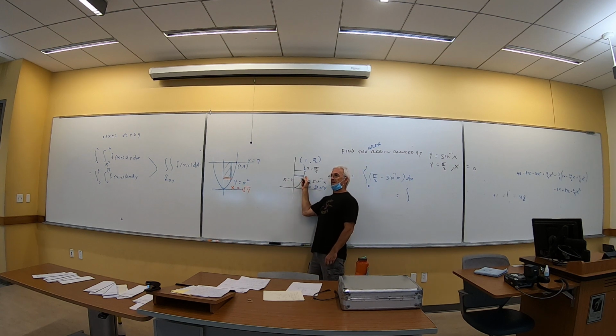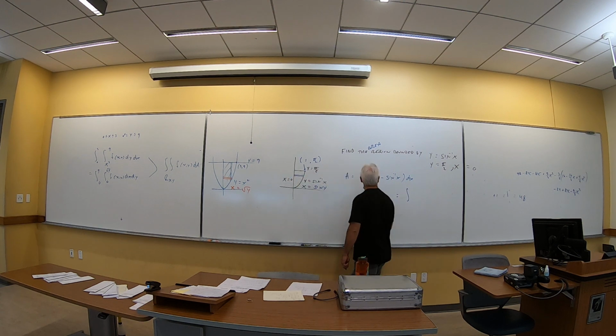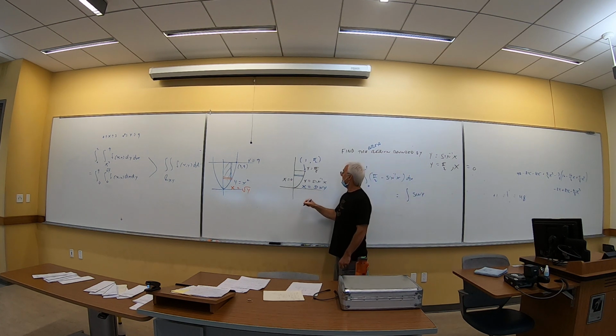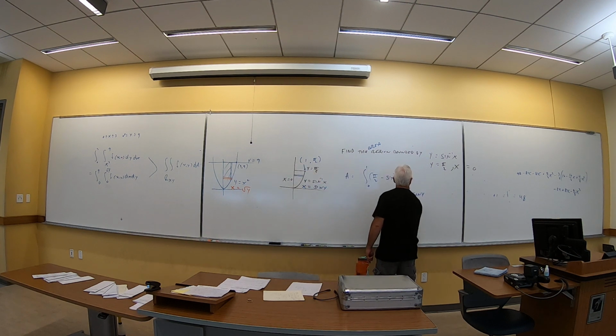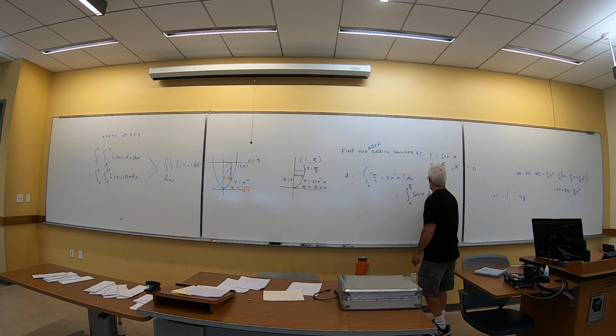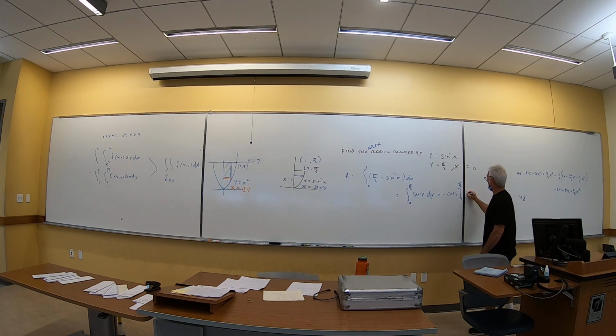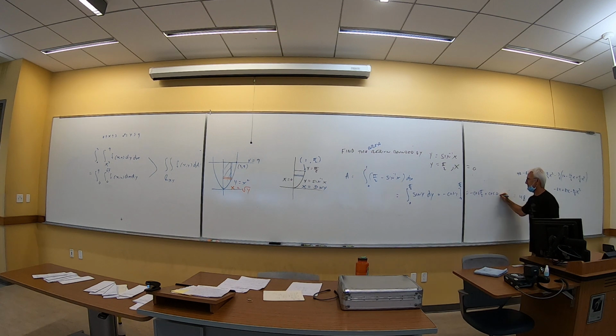Right-hand, which is x equals sine y, minus x equals 0, and y is going to go from 0 to pi over 2. That doesn't look so scary anymore, does it? It's negative cos y from 0 to pi over 2, which is negative cos pi over 2 plus cos 0. And that answer is 1.